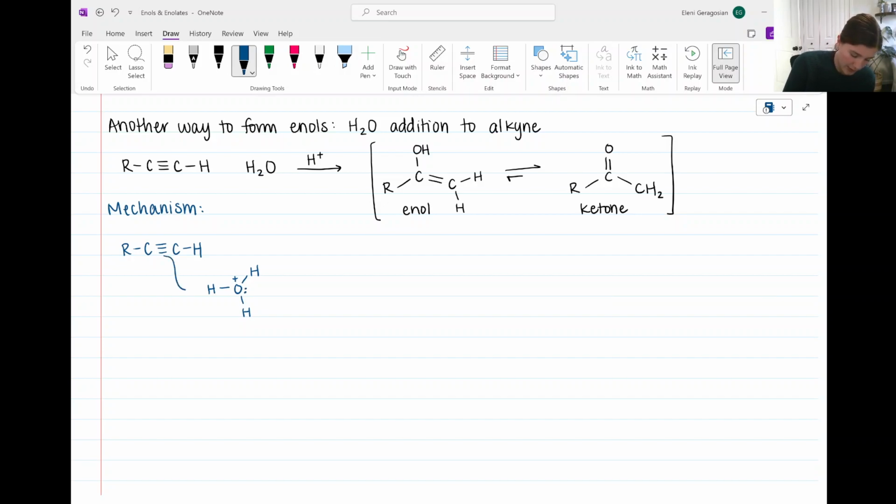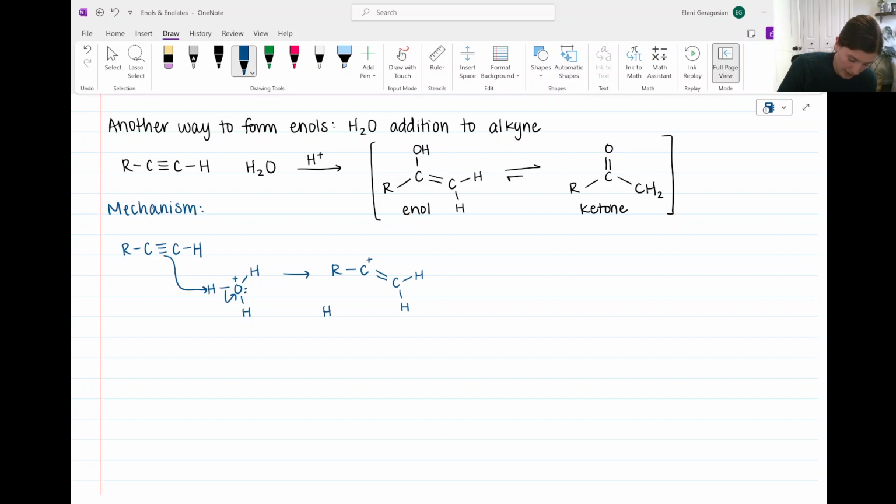Electrons in the triple bond grab a proton, and so that forms now an open shell carbon. So the less substituted carbon is the carbon that gains the new hydrogen. That means our more substituted carbon is a carbocation. This was Markovnikov's rule, you might remember.